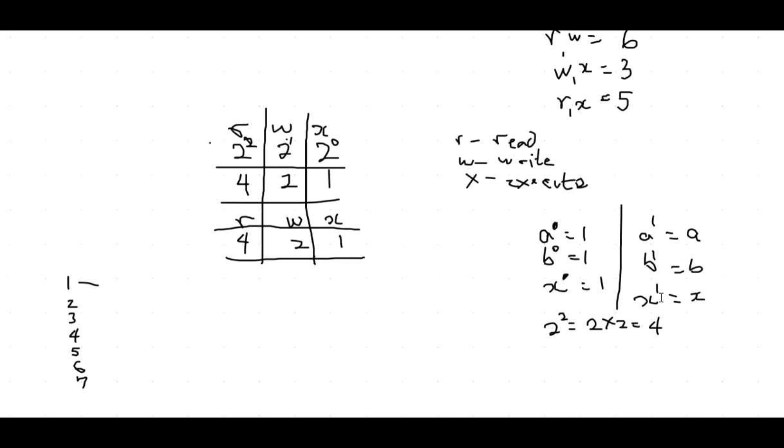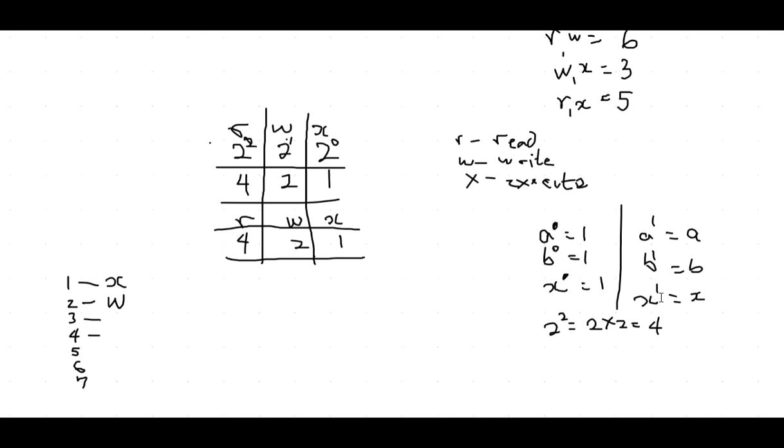X. Okay, so what is X? Execute. Good. How about 2? Right, write. All right. What else do you see? You see 4, right? What does 4 represent? Read.